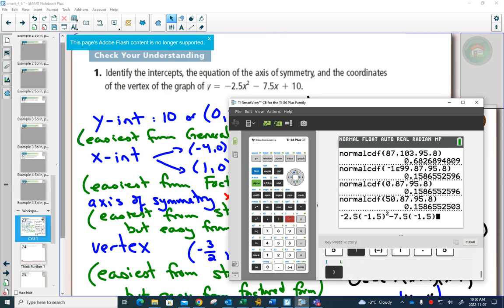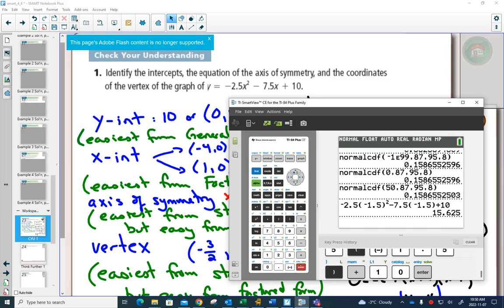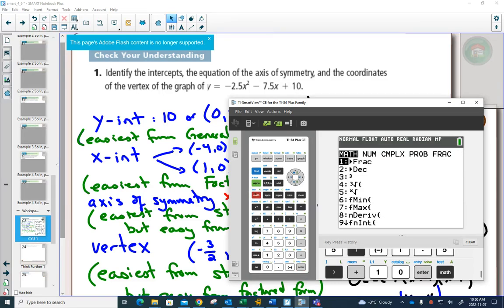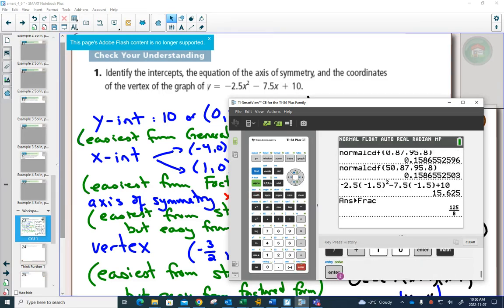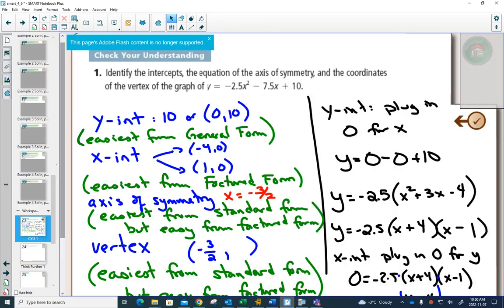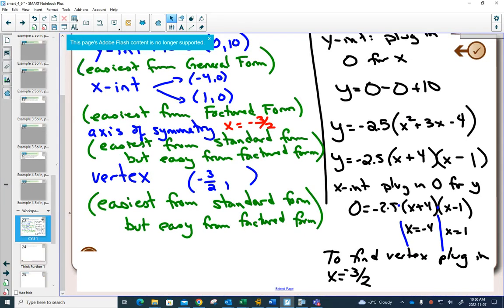Plugged in -1.5 for x plus 10. 15.625 or 125/8. Just because I like fractions, I'll keep it at 15.625. I'll write fraction too.